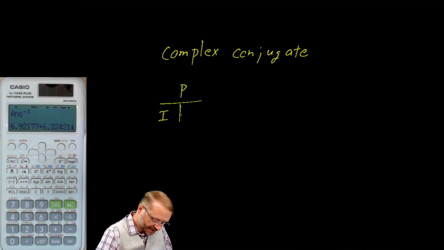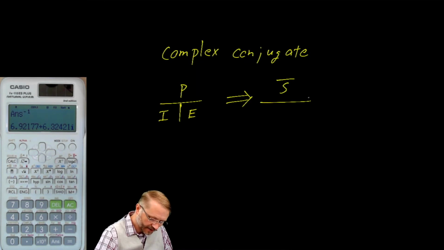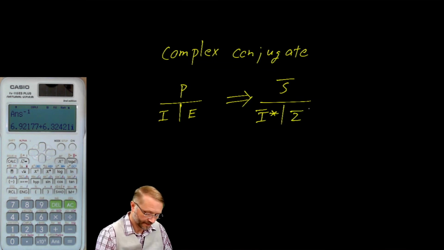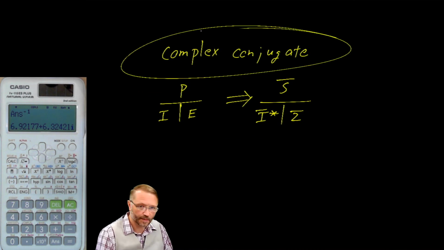On the DC side of the house, we talked about power as just P equals I V. On the AC side of the house, this becomes something called complex power, which is equal to the complex conjugate of the current multiplied by the impedance. And this concept of complex conjugate is actually very straightforward.